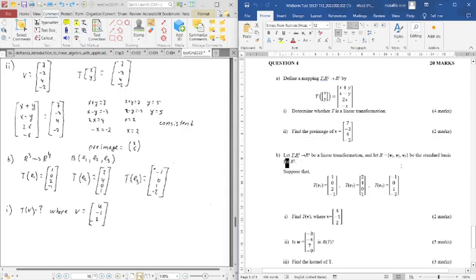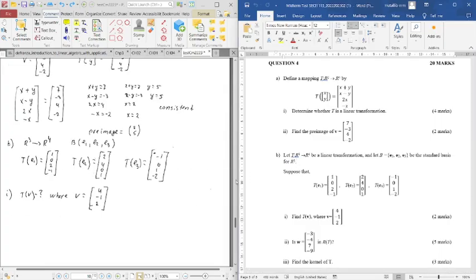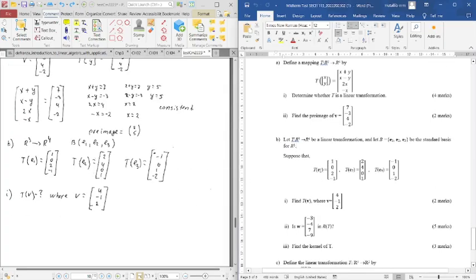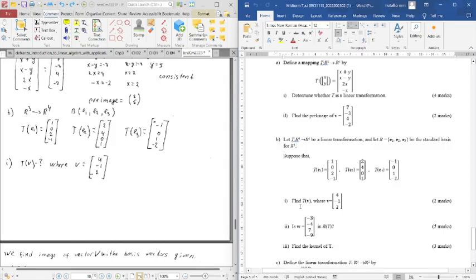So these given vectors are the standard basis in R3. Suppose that the transformation of E1 equals this, the transformation of E2 equals this, and the transformation of E3 equals this. For the first part, it asks us to find the transformation of V, where vector V equals 4, negative 1, and 2.